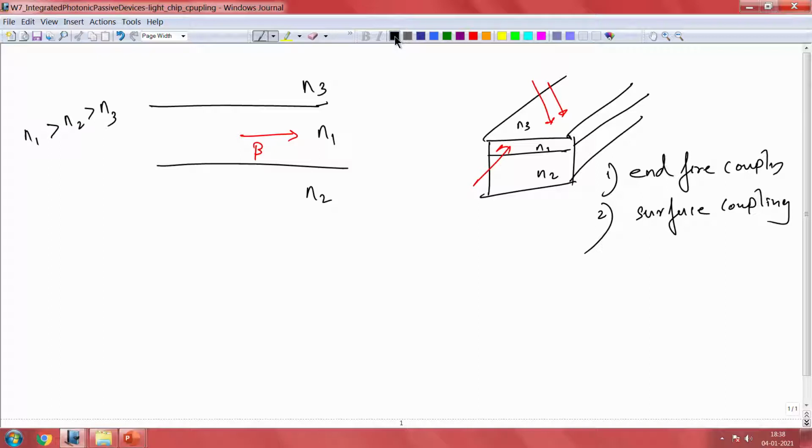Let us start with top illumination. I am coming in at a certain angle theta, with a k. I should be able to couple this light into the waveguide with some phase matching between this k and beta here.